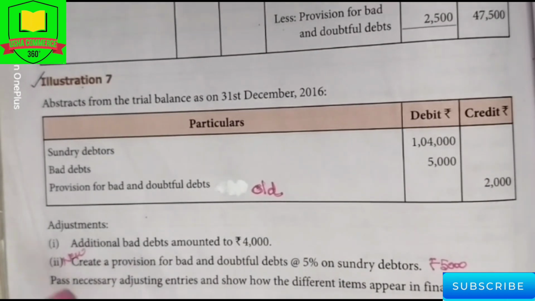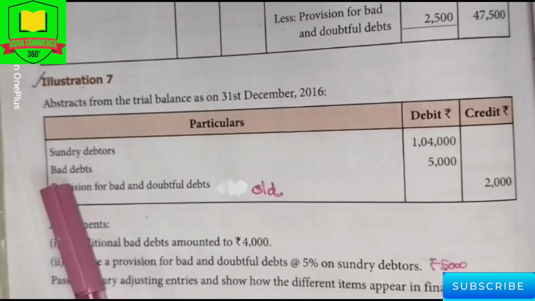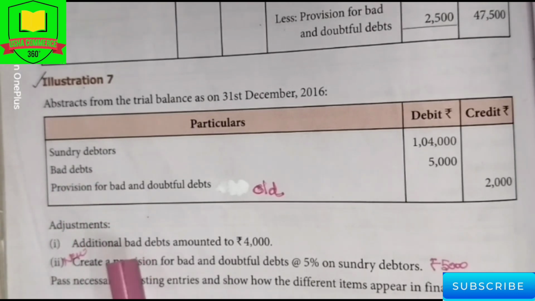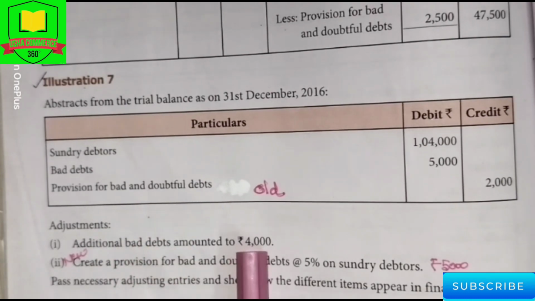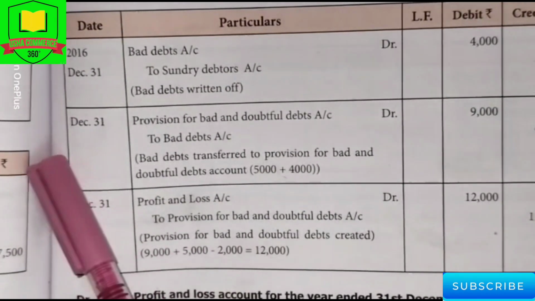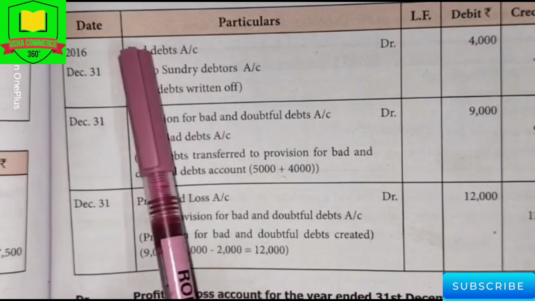Listen carefully. If they have given old provision with bad debts, we need to pass the transfer entry for this bad debts 4,000 rupees. On that same date, we have to pass the transferring entry for this bad debts.